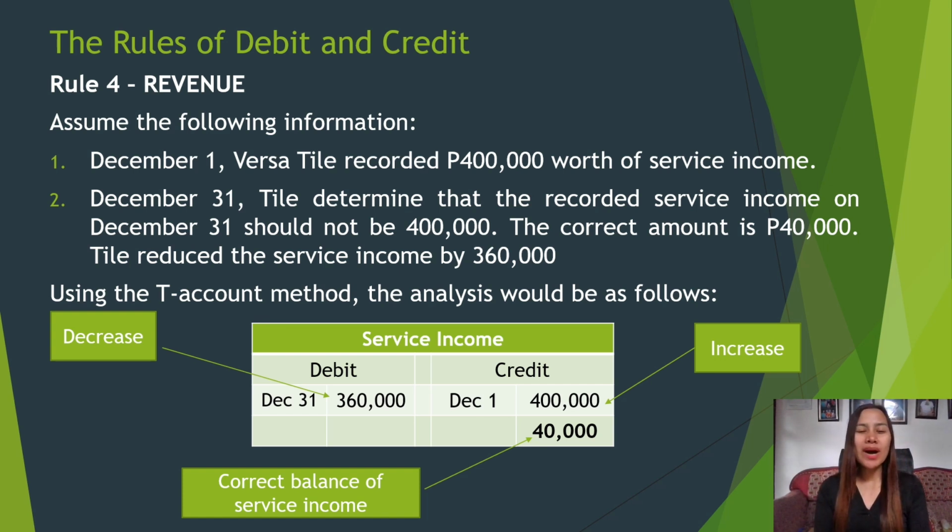On December 31, 360,000 amount of service income should be debited in order to reduce the amount of recorded service income, and to reflect the correct amount of service income amounting to 40,000. Reflecting that correction, the correct balance of service income as of December 31 is now 40,000 pesos.